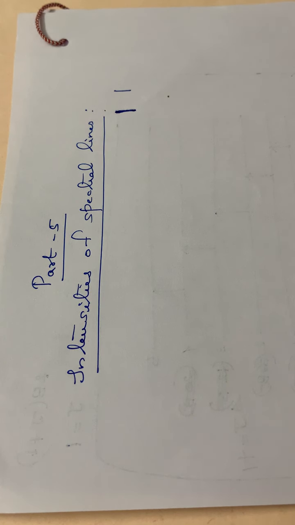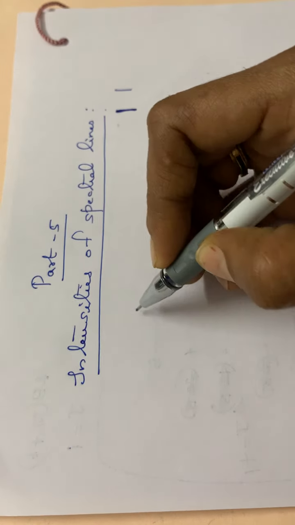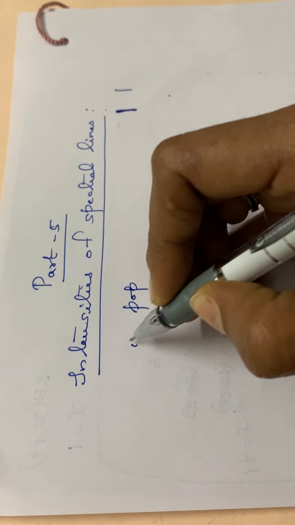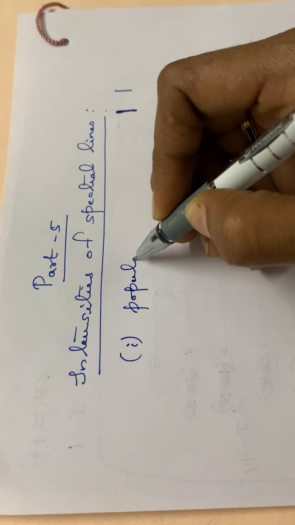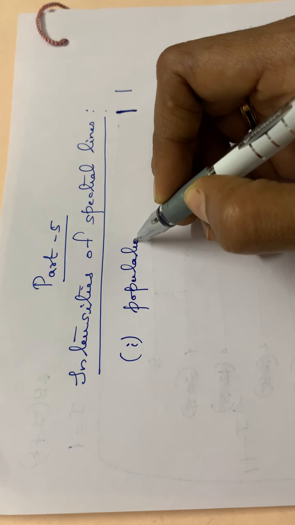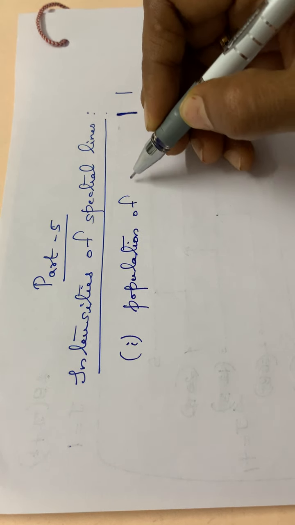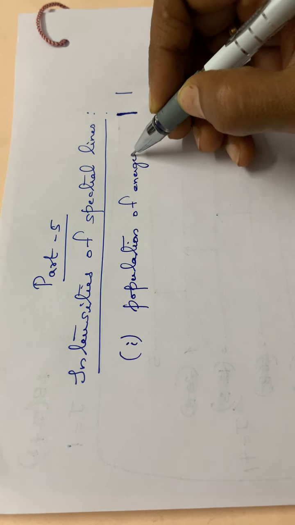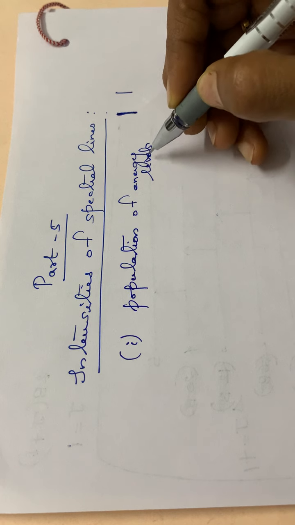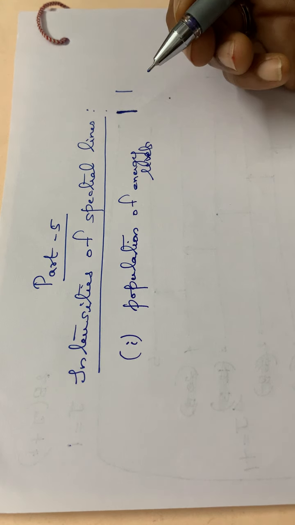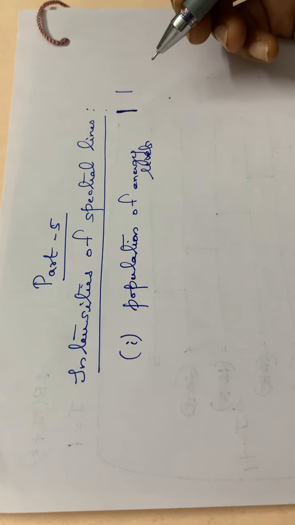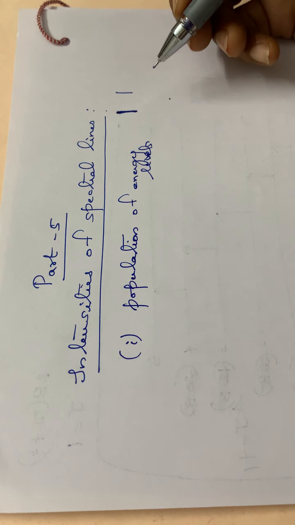The first factor, or the relative intensity, depends upon the population of the energy levels. That is the first point which is affecting the intensity of the spectral line. Population means the number of atoms present in that particular energy level.